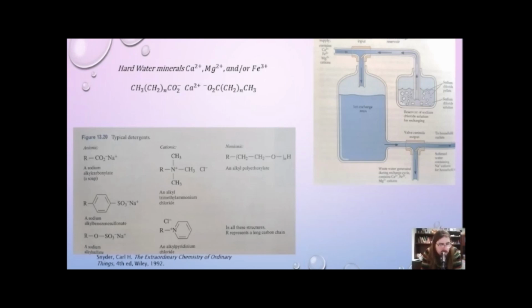The idea is that the sulfonate is highly soluble with various calciums and magnesiums, so it's not going to precipitate in the same way. Now, while it's harder to put a sulfonate on a long fatty acid, it's relatively easy to put it on a benzene group, which is why we are using such an example.